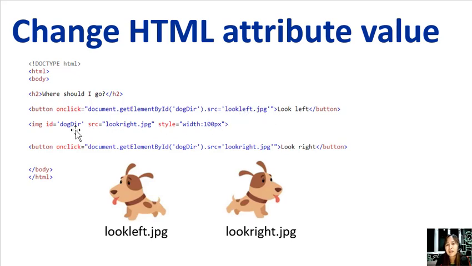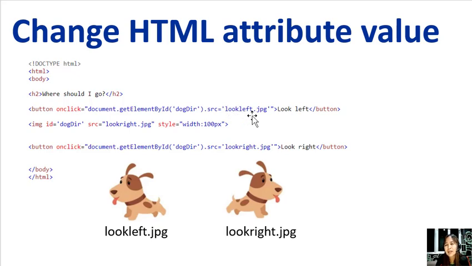Now remember that initially we have inserted an image, so immediately when you run this code, the value of your image source is going to be look right. So it's going to display look right, which is the dog looking at the right side of the screen. Now, if someone clicks on look left, which is a button, it will change the value of its source from look right into look left.